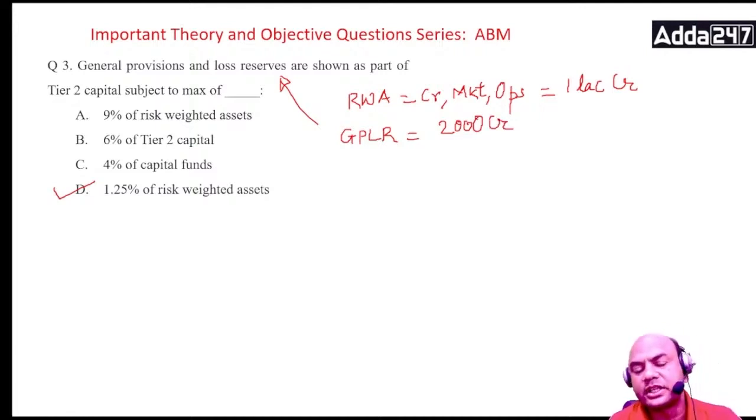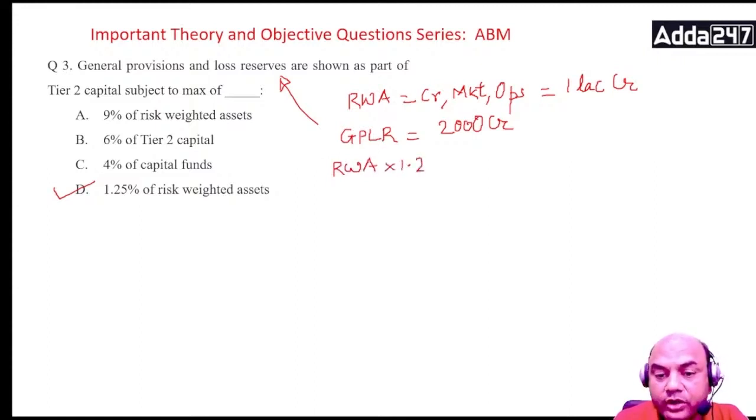GPLR is 2000 CR. Now your problem will be, what is to be taken in the numerical? Which figure should I use? So the rule is like this: total RWA 1 lakh crore into 1.25%.